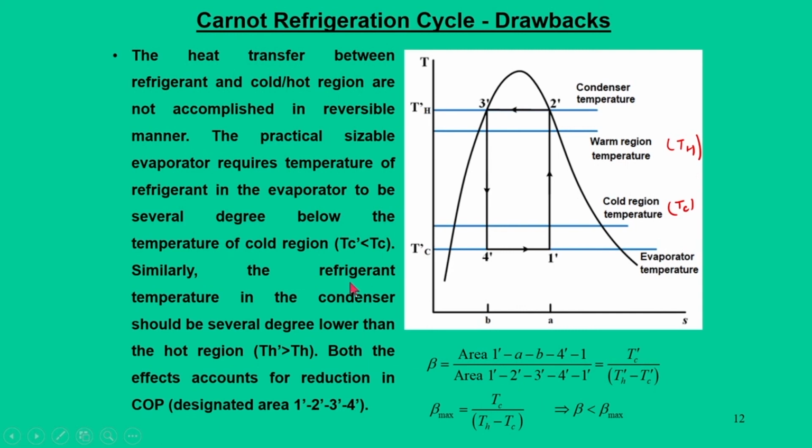So this puts a restriction, and because of this, the coefficient of performance, beta, of an actual vapor compression cycle now becomes T C dash by T H dash minus T C dash, and obviously beta max is T C by T H minus T C. So, by looking at this diagram, we can clearly say that the actual COP will always be less than the maximum COP of the cycle, or Carnot COP.